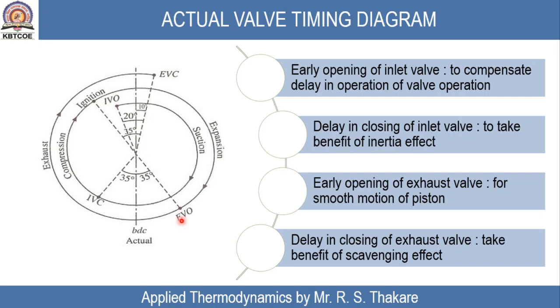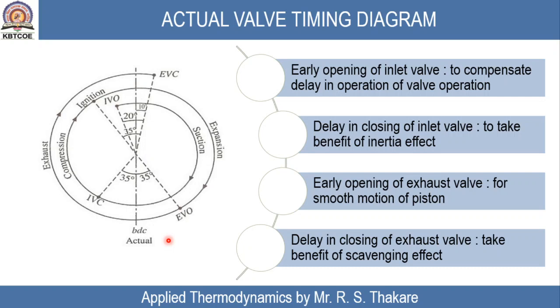So why do we provide early opening of exhaust valve though there is loss of work? Because if you close exhaust valve exactly at bottom dead center, what will happen? Your piston is moving in downward direction, and when it reaches bottom dead center, there will be reverse motion of piston. And if your gases, combustion products, are applying pressure on the piston, there will not be smooth motion of the piston.